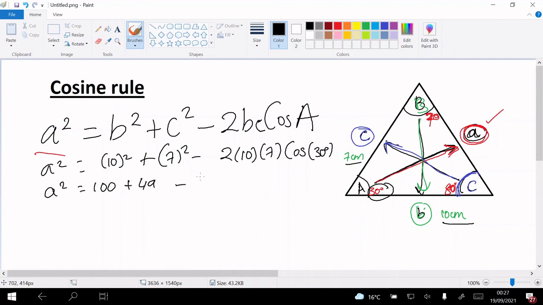49 minus 140 cos 30. Hopefully it is a solid value because I made up the question off the top of my head, so I need to be a bit careful there.